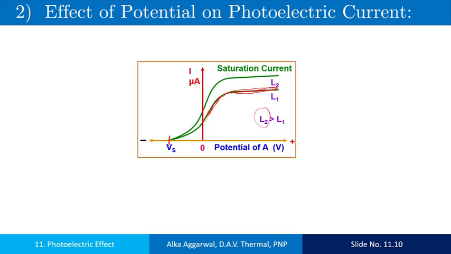The potential of the anode at which the photoelectric current becomes zero is called the stopping potential. So what is the stopping potential? The stopping potential is the negative potential of the anode at which the photoelectric current becomes zero.